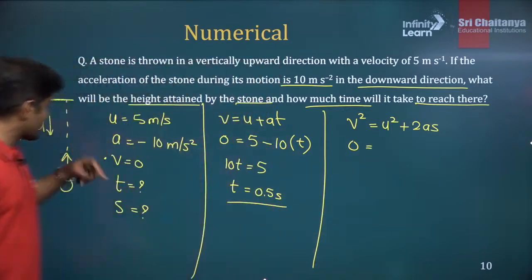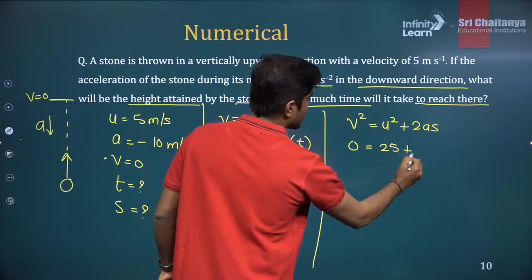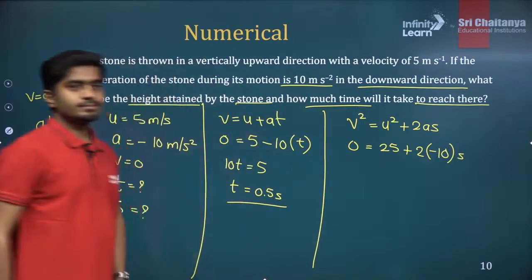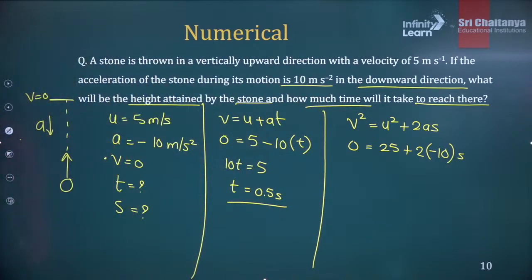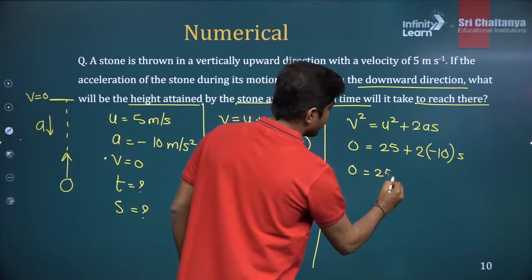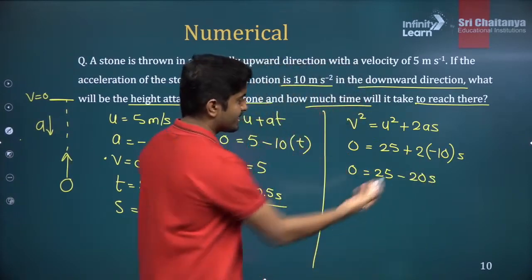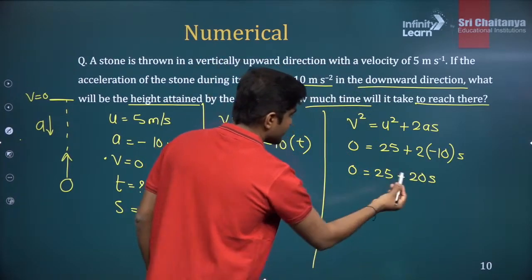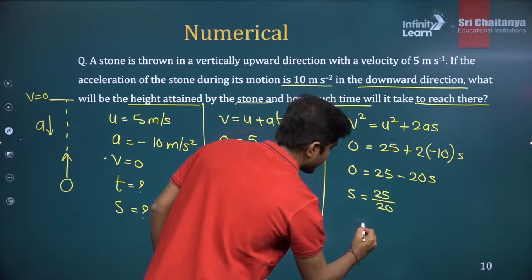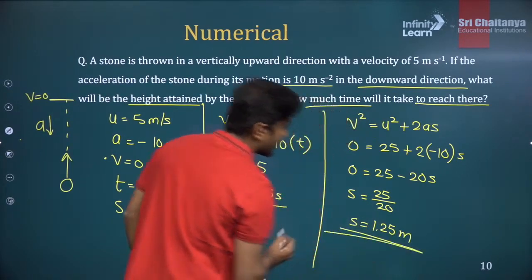U is 5 square, which is 25, plus 2 times A, which is minus 10, into S. So 0 is equal to 25 minus 20 times S. Take the minus 20 to the other side, so S will be 25 divided by 20, which is 1.25 meters. This will be the S value.